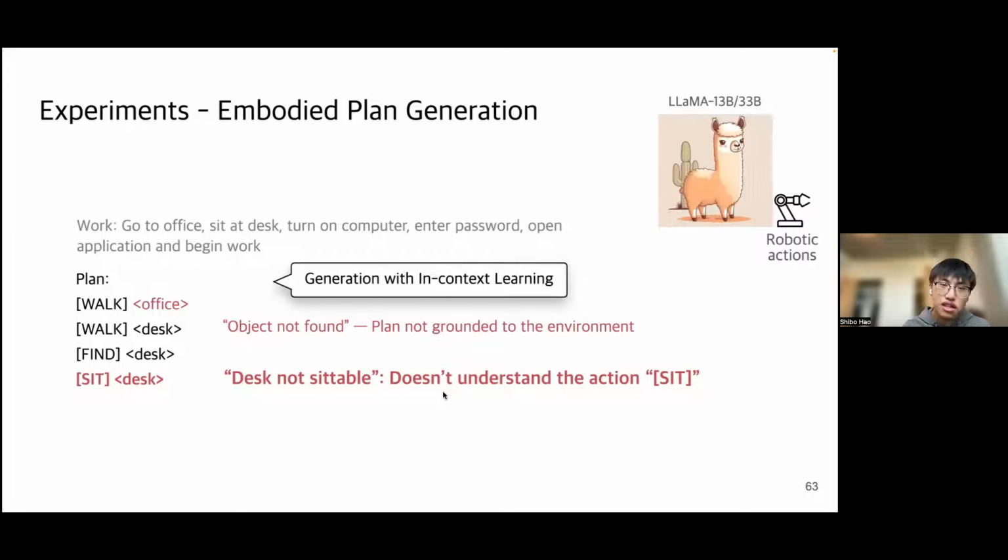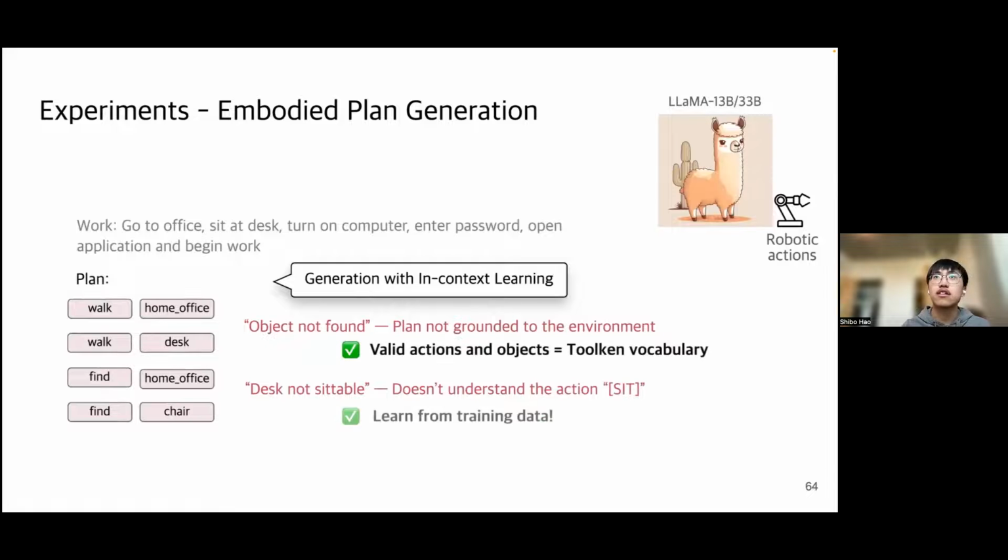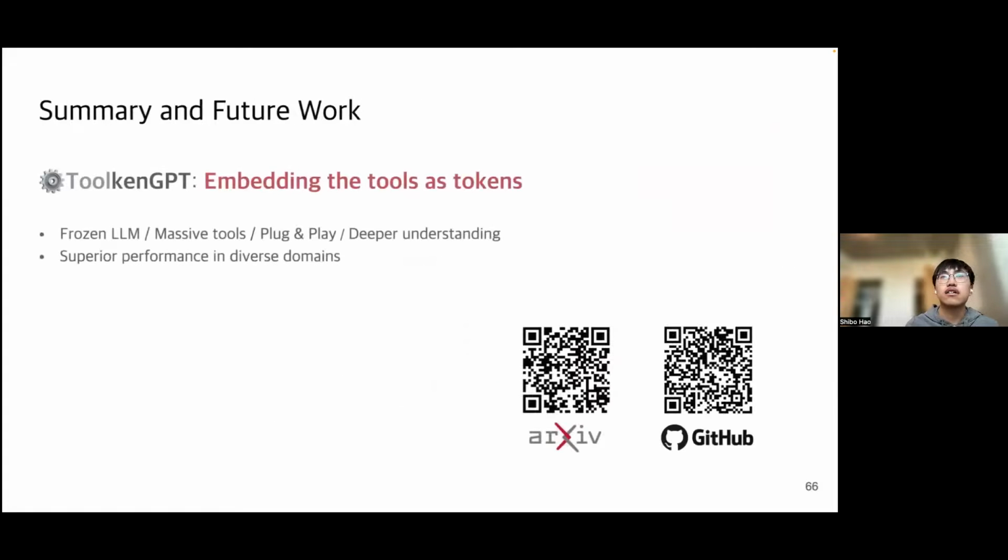So that's why embedding the tools as tokens is the most important takeaway we want to highlight. We think in the future maybe we can also embed more information in the vectors.